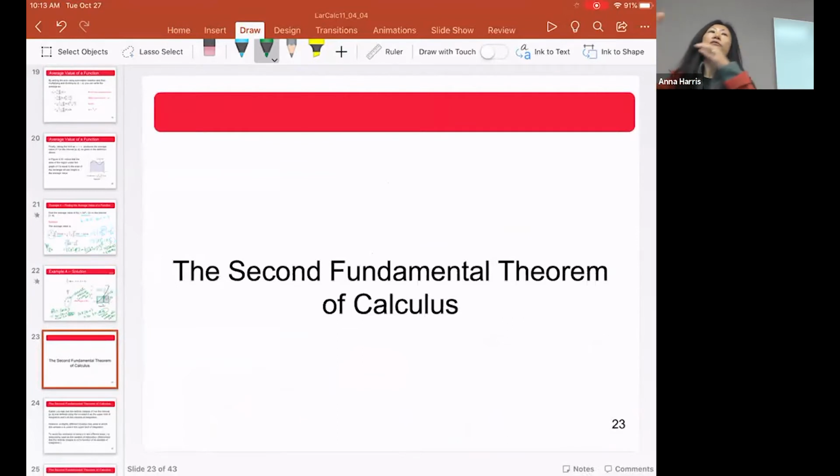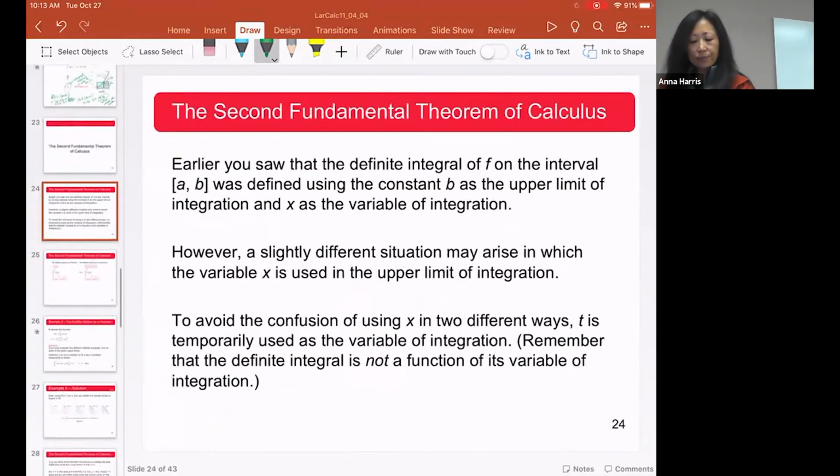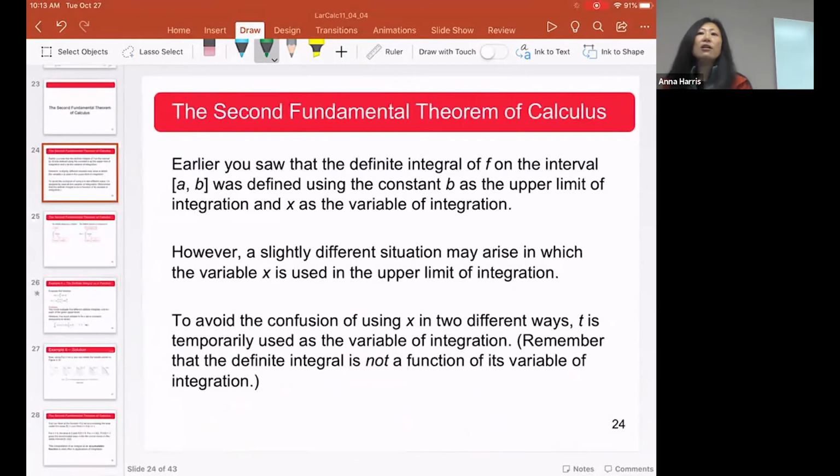Okay, so now let's move on to a different one. All those so far, we were doing the first fundamental theorem of calculus. Now we're going to look into the second fundamental theorem of calculus. So this is new. Earlier we saw that the definite integral of f over the interval from a to b was defined using a constant b as the upper limit of integration and x as the variable of integration.